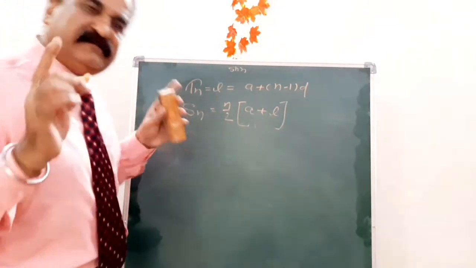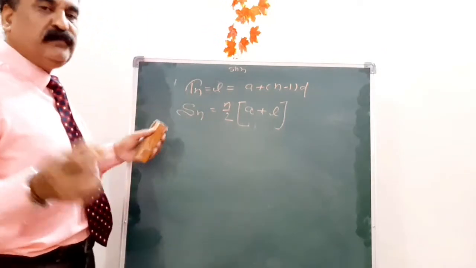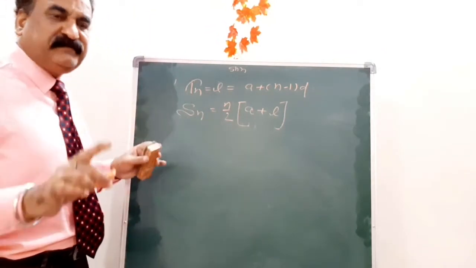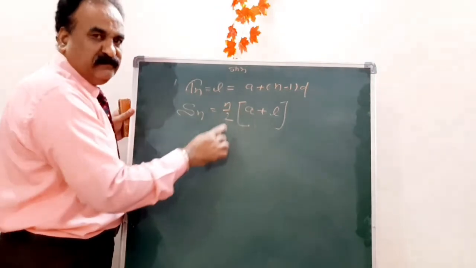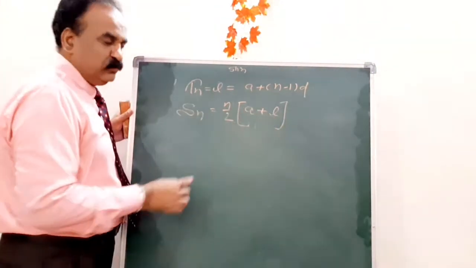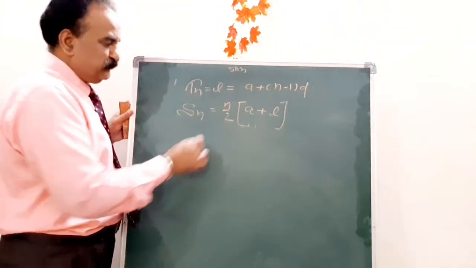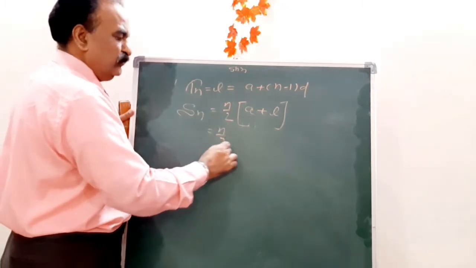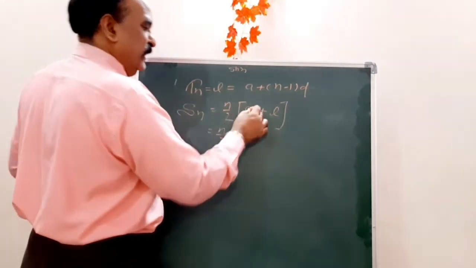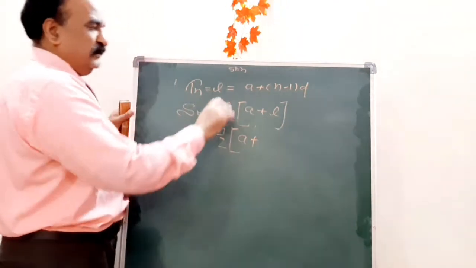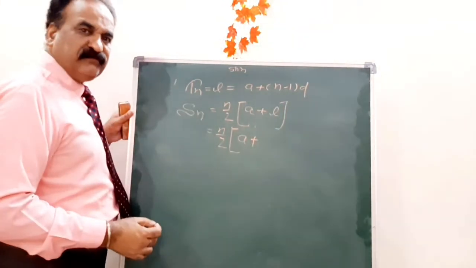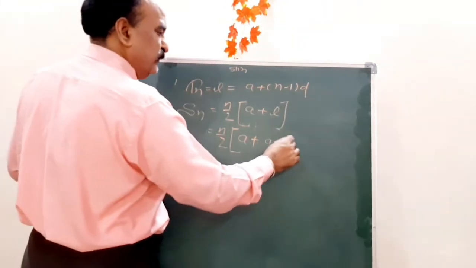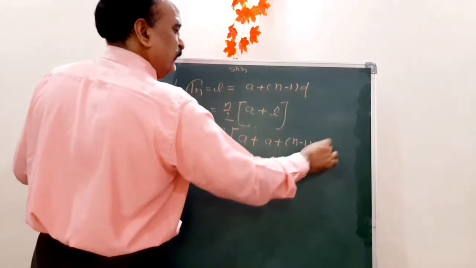If the last term is given to you and you have to find the sum of the AP, then A first term you know, L last term you know, number of terms you also know. It means n by 2 into bracket A, first term, plus last term, which is A plus n minus 1 into D.